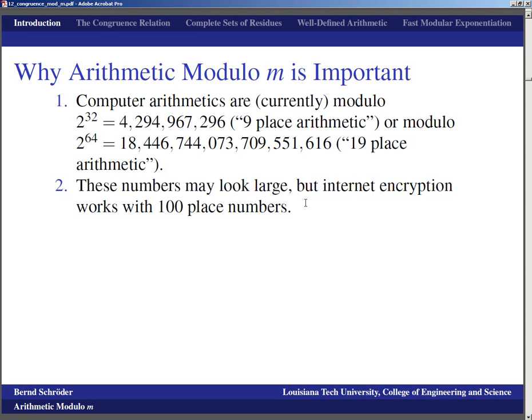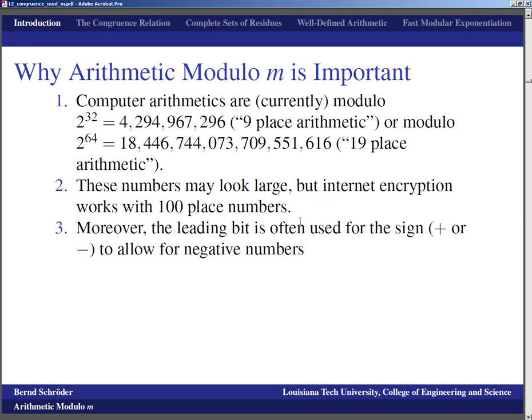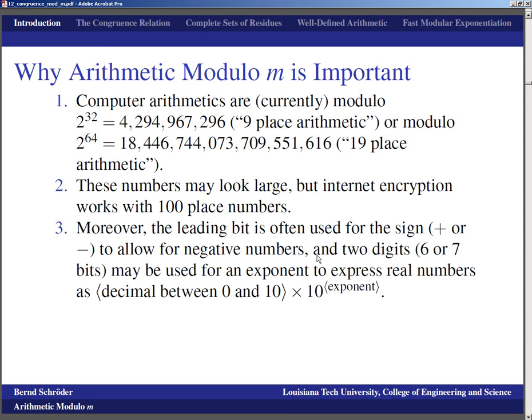Okay, now on the other hand, we also have to realize that these numbers may look large, but internet encryption works with 100-place numbers routinely, or larger numbers even. So that means we need more places of precision. And the leading bit is often used for a plus or a minus sign, so that we could use negative numbers.